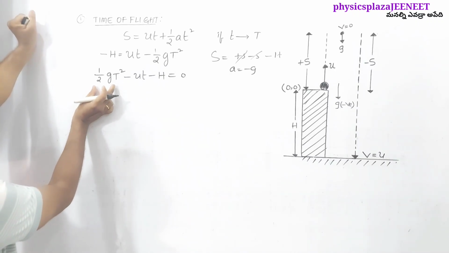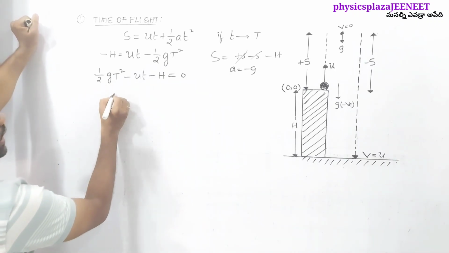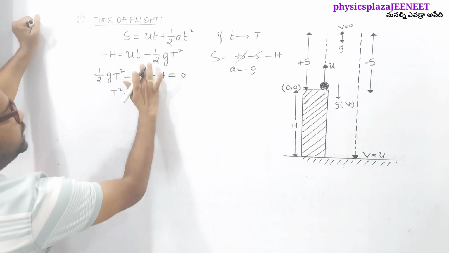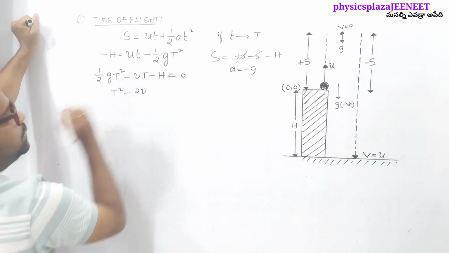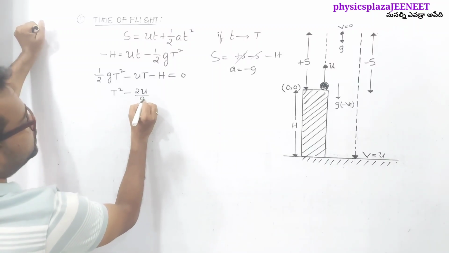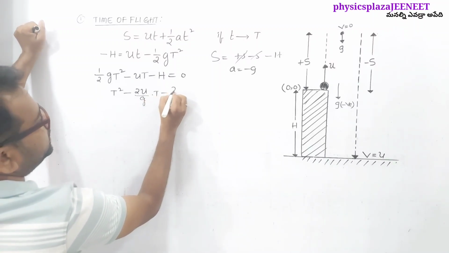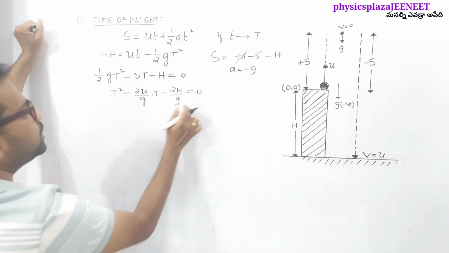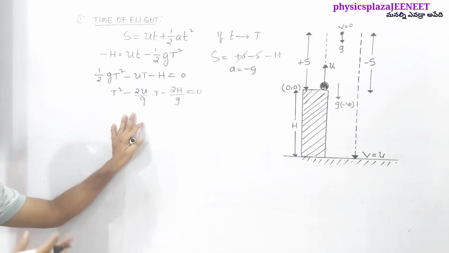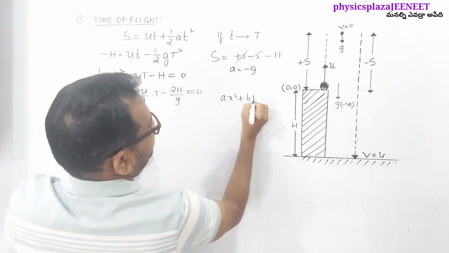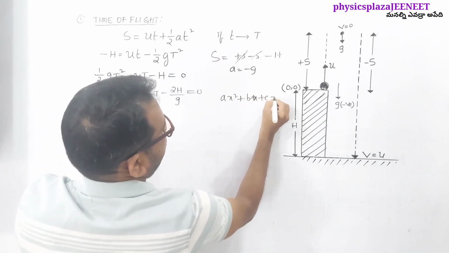Children, you can take g by 2 common, so it can be written as T square minus 2u by g into T minus 2h by g, equal to 0. Why did we write in this form? It is in the form of ax square plus bx plus c is equal to 0.